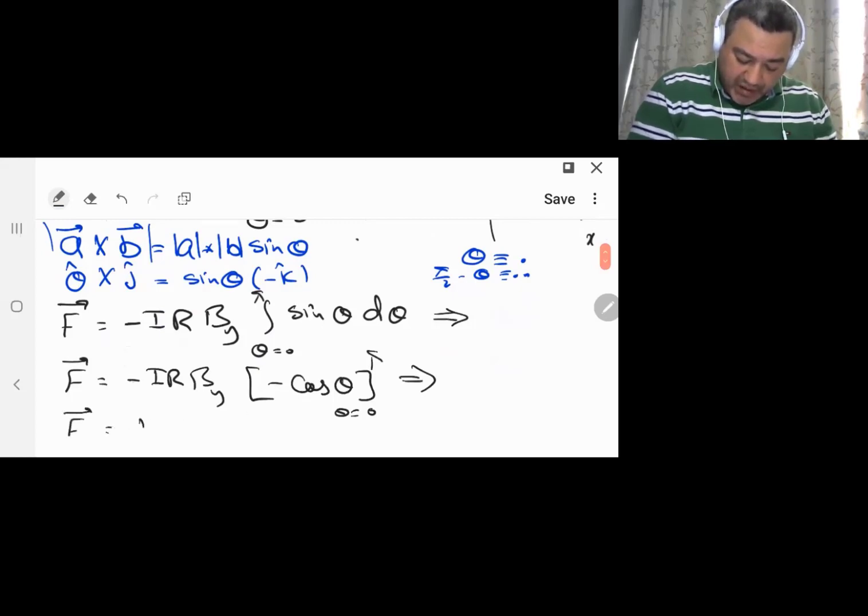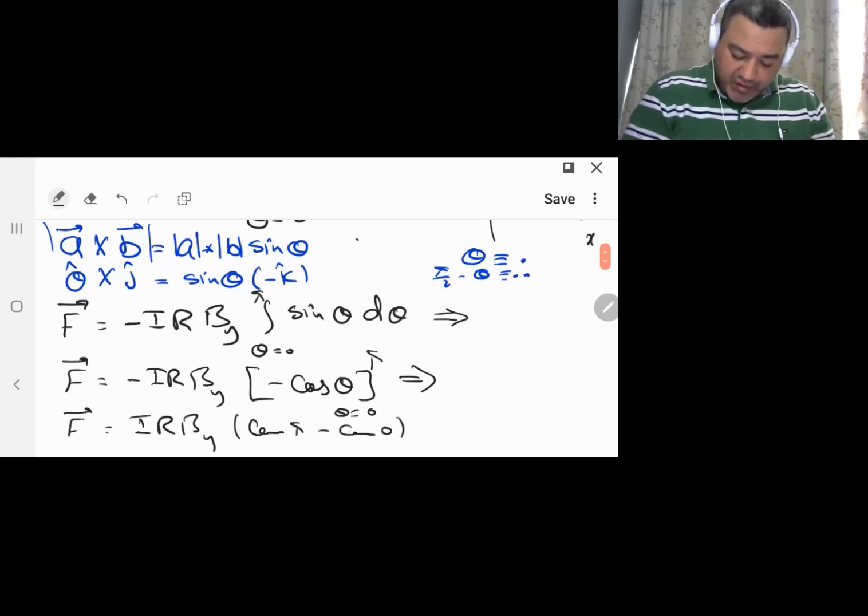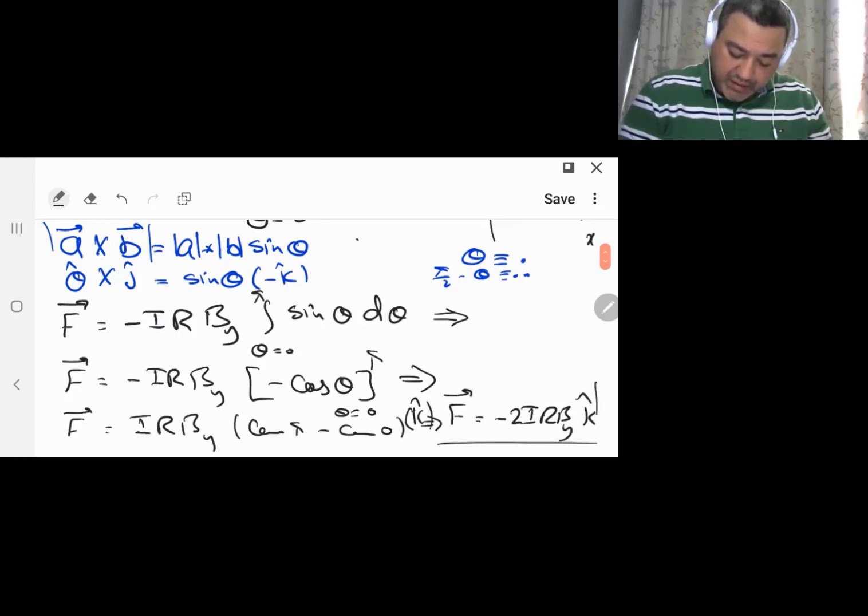I have I r b y cosine pi minus cosine 0. This is going to give me minus 2, and then of course k hat, and then F equals minus 2 I r b y k hat.